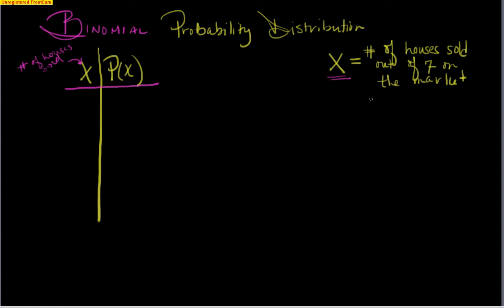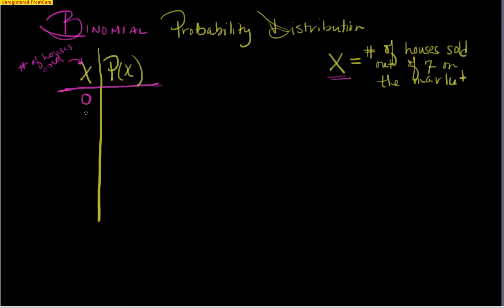But before we do that, I want to come up with this X side. I want to figure out all the different things that can happen. Well, this month there are 7 houses on the market. That means that this realtor could possibly sell none of the houses. She could have a very bad year and sell 0 houses. That's one of the possible outcomes. All 7 of them don't sell.